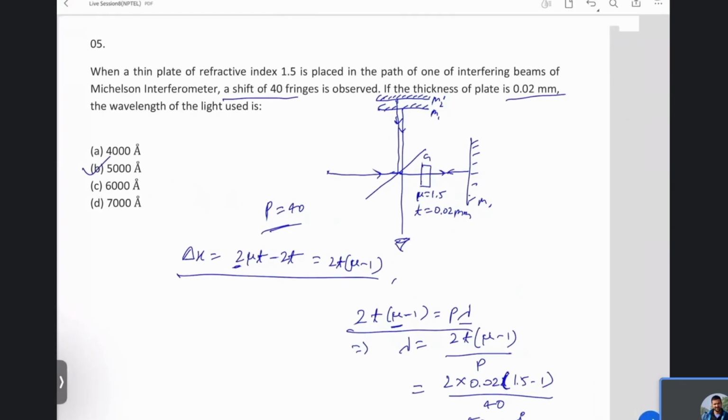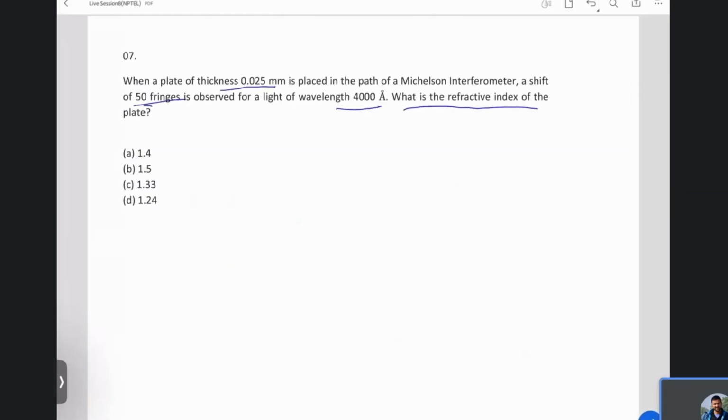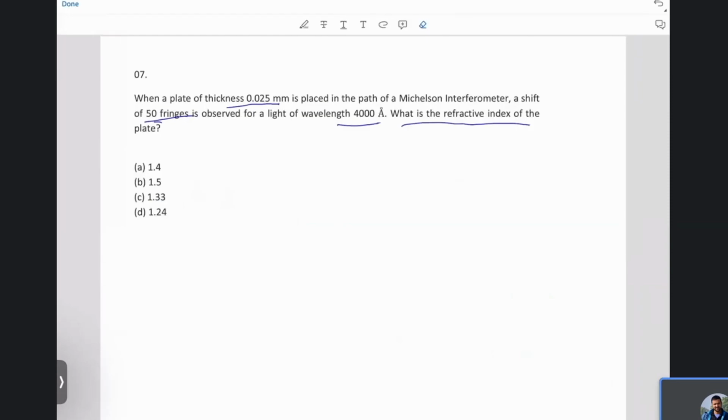So let me write the formula here. 2 (mu minus 1) t equal to P lambda. So mu will be just P lambda by 2t plus 1, and everything is given.